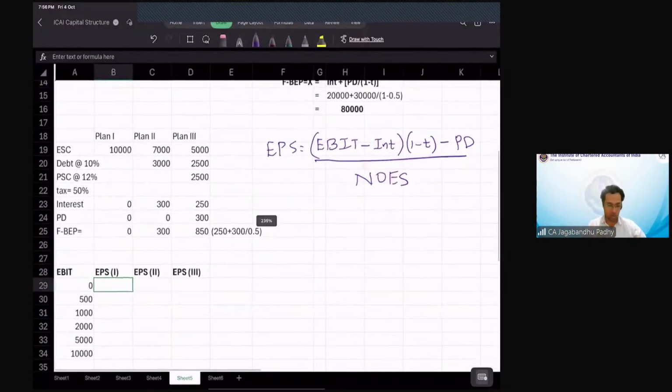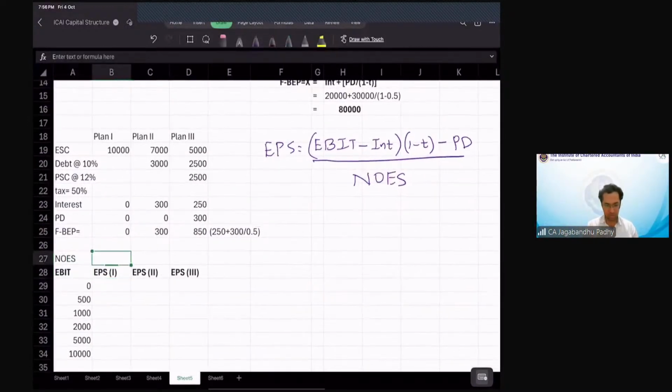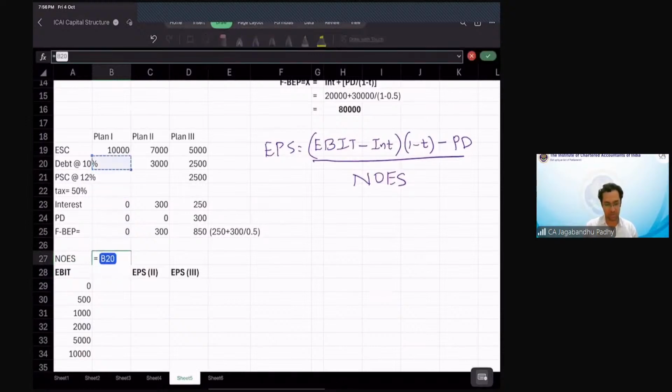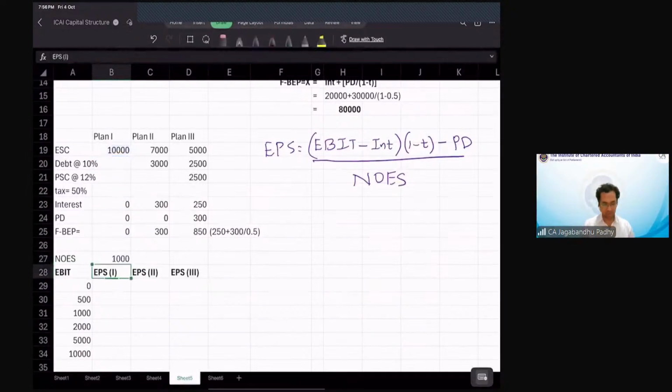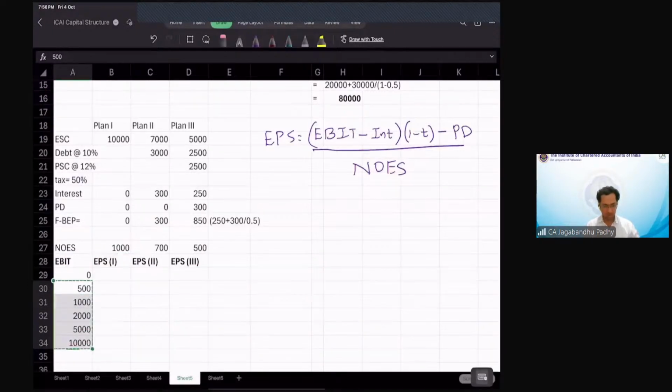Yes? Okay. Now, we know the number of equity shares in each of these cases. Like in the first case, the number of equity shares is, let's say, 1000. And in the other cases, it is 700 and 500. Can you calculate the EPS quickly for this? Suppose if your EBIT is 0, what will be the EPS figures?